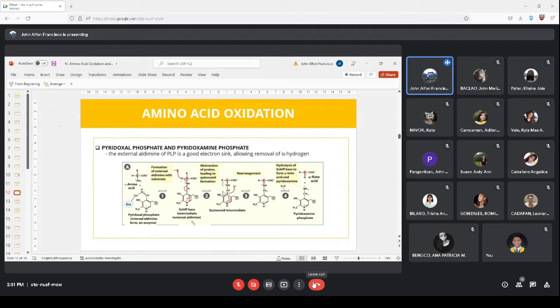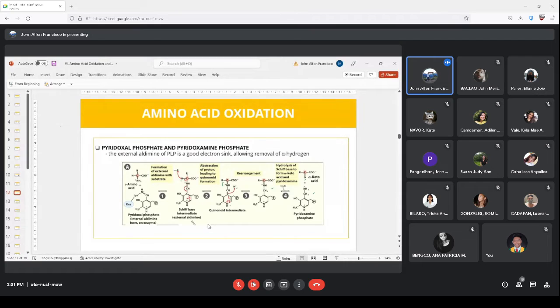And now, kailangan i-restore nung nitrogen-containing ring yung kanyang aromatic property. So the movement of the electron will happen and it will grab a proton to have this compound. And upon hydrolysis, or no, not removal, addition of water, now you have your keto acid and your pyridoxamine phosphate.